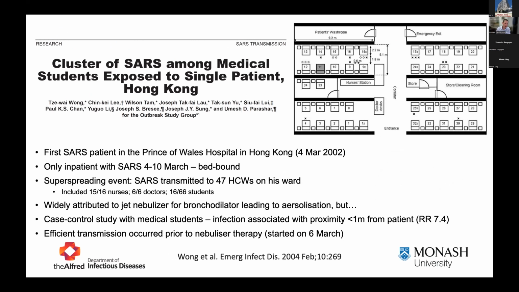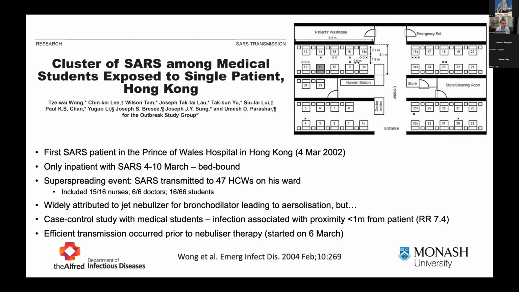And then finally, moving to that last stage of the risk of actual infection and epidemiological data. So this interesting paper was from the Prince of Wales Hospital in Hong Kong in 2002. They talked about their first SARS patient. This was the only inpatient with SARS in this hospital from the 4th to the 10th of March, and the patient was bedbound.